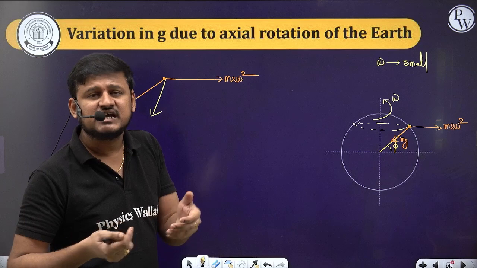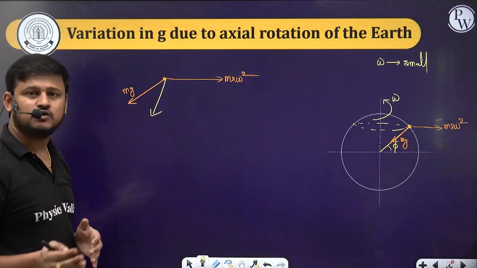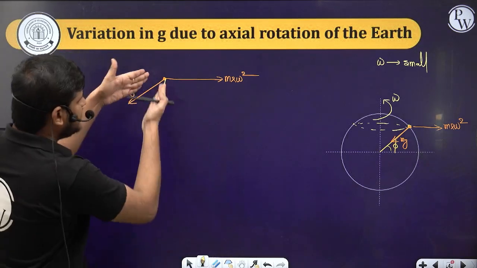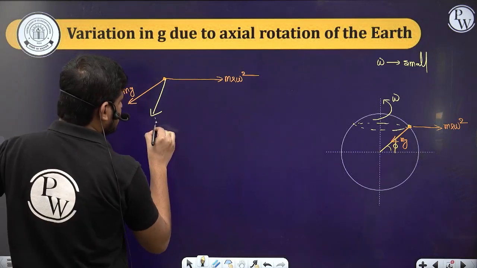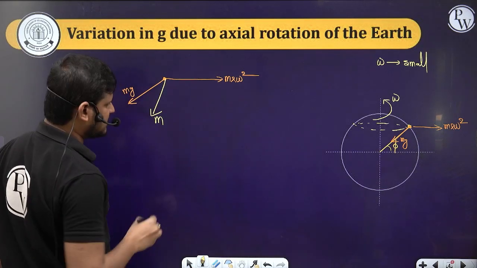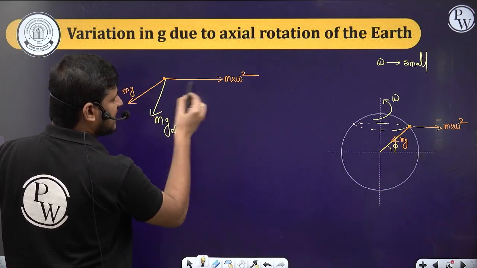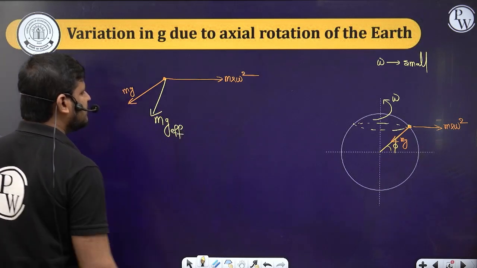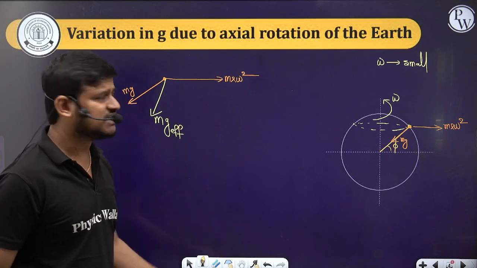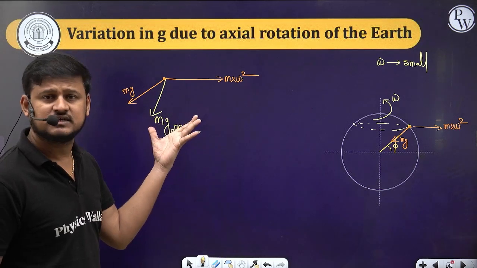So obviously the net force will be towards the larger value. This is the g effective, mass is constant, we have to take the g effective of these two things. Understood, clear guys, this part?